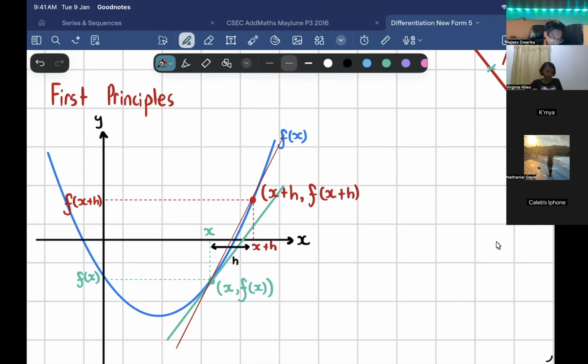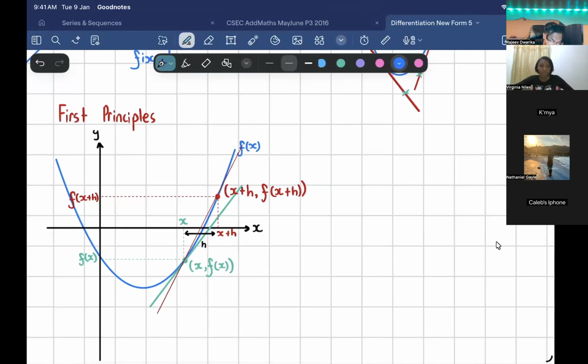Again, the red line represents the approximate what? The approximate gradient. Good. But we know it will approach the correct gradient if the distance between them, h, tends to 0.